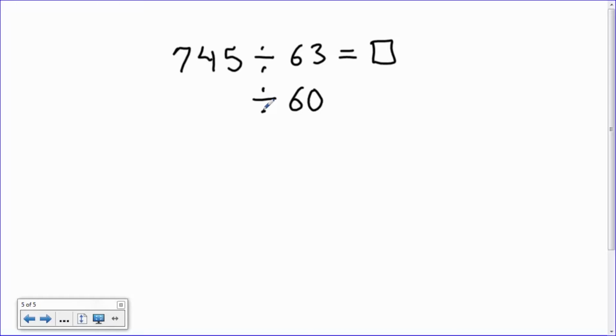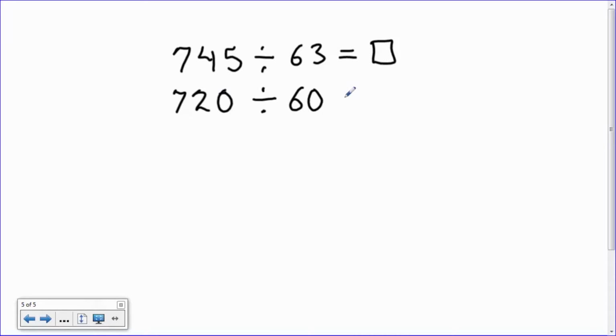And if you remember your division facts, I could make this 720, because I know that 60 goes into 720, because I'm a third grader and I know how many times 6 goes into 72. That's one of my division facts that comes out of the multiplication facts.